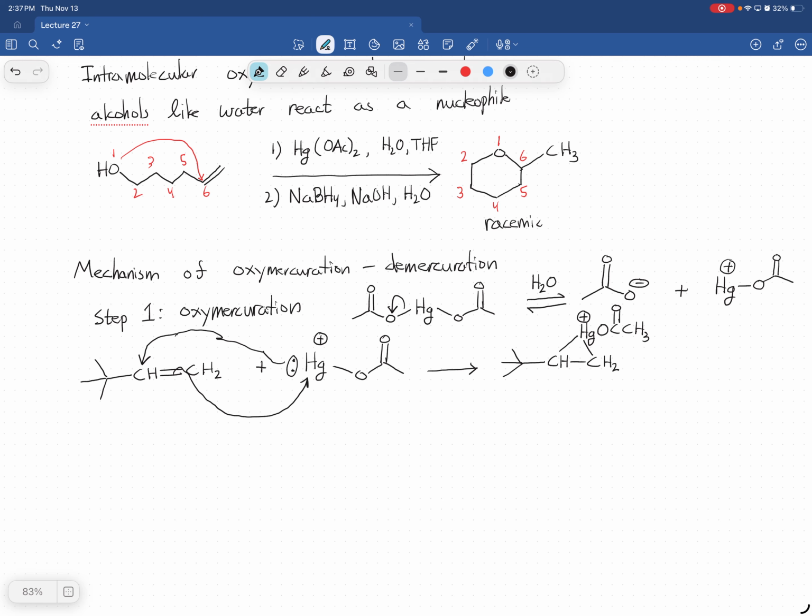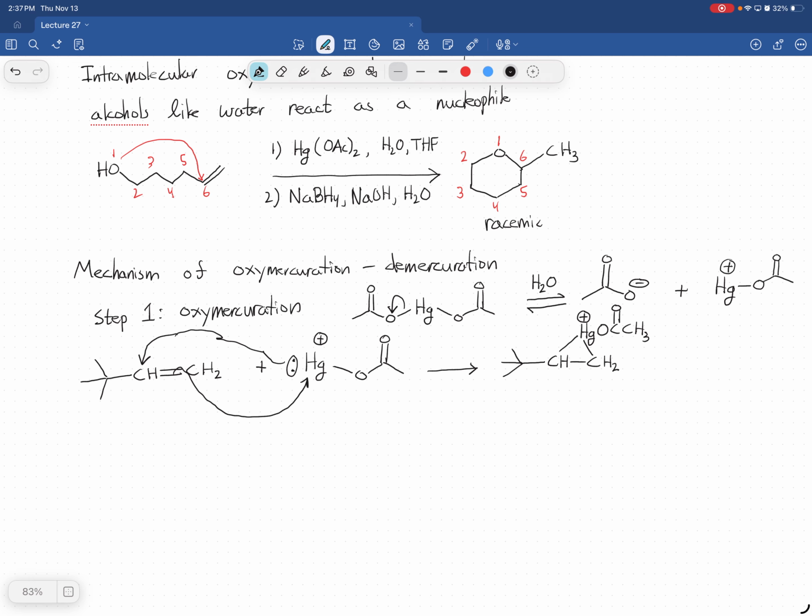Well, this looks a lot like what we saw before. What kind of ether? Epoxide. So you form a reactive intermediate, no carbocation formed, remember? And you can open up the ring regioselectively.